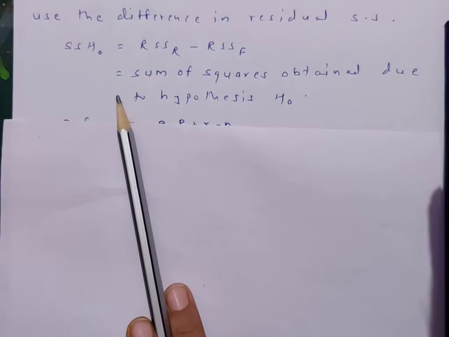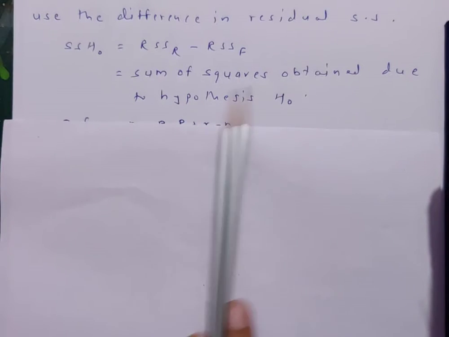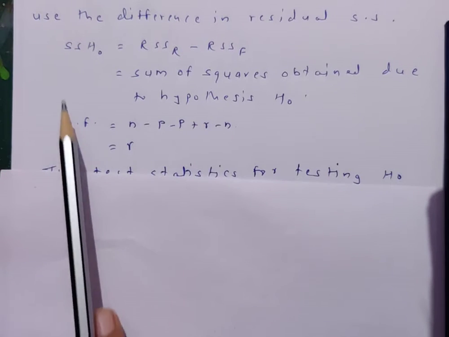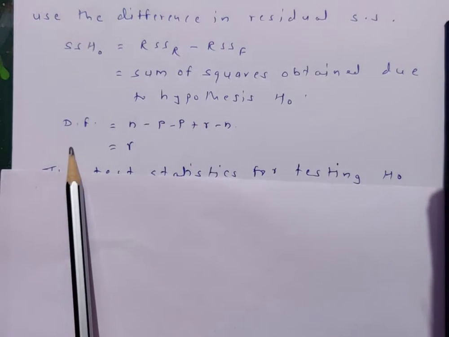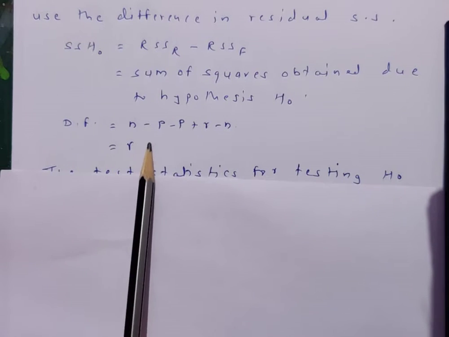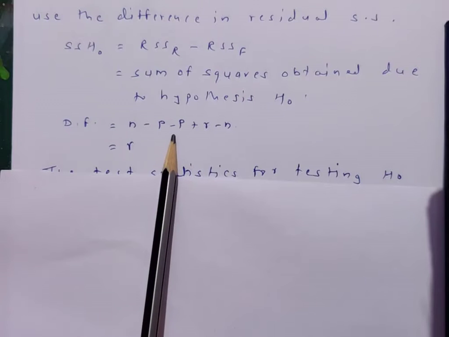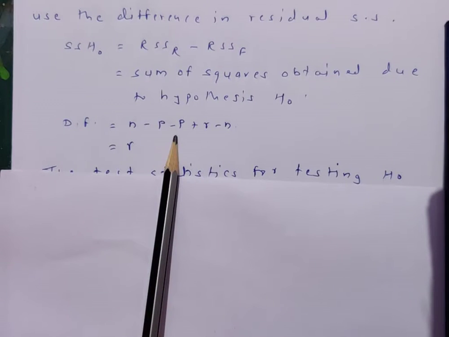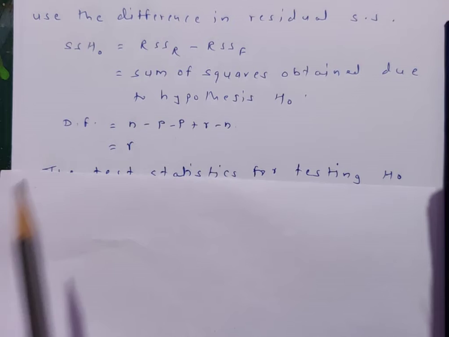This gives me the sum of squares due to hypothesis H0. For SS H0 the degrees of freedom become, subtracting, n minus p plus r minus n minus p, so it becomes r.